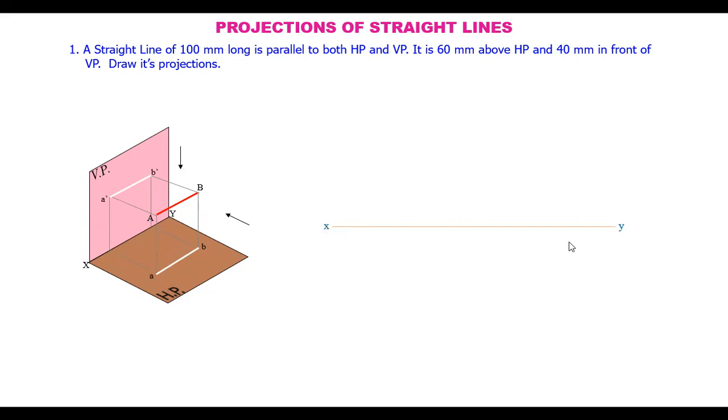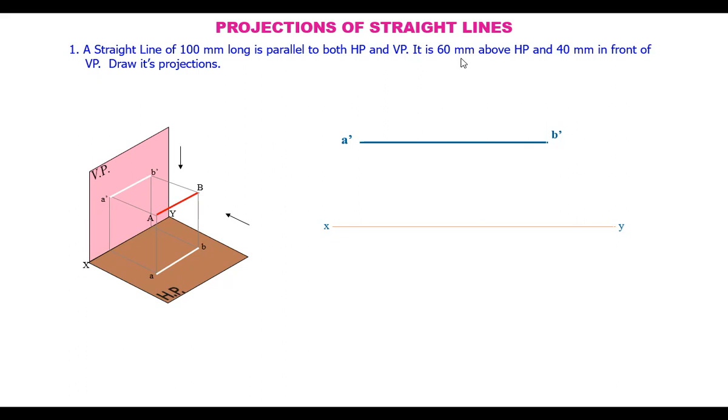Now let's take the reference line XY. When the line is parallel to one plane, suppose the vertical plane, in the front view we see its true length. Here I'm taking the line as parallel to the vertical plane, so in the front view we should see the actual length, that is 100 mm.